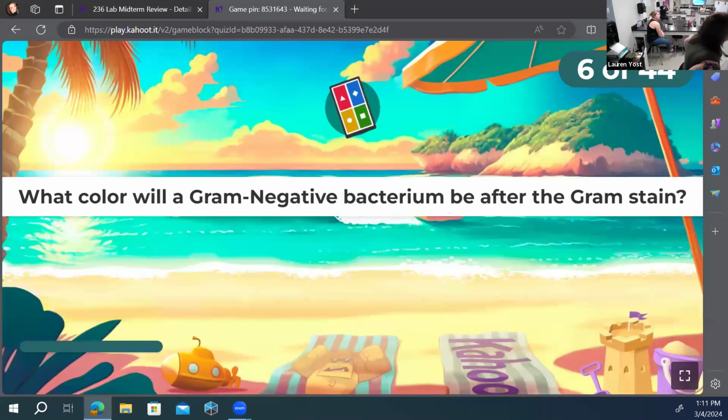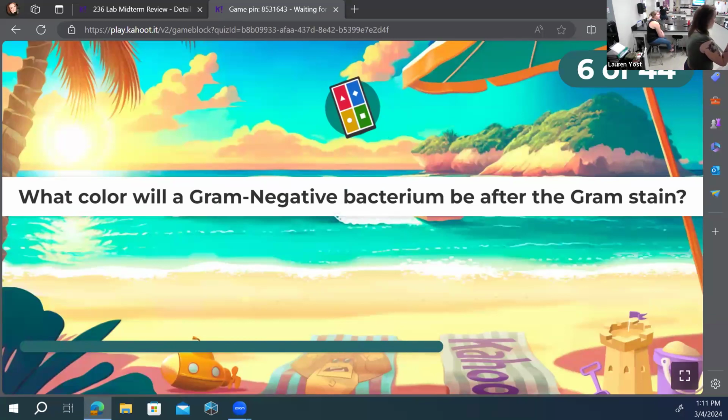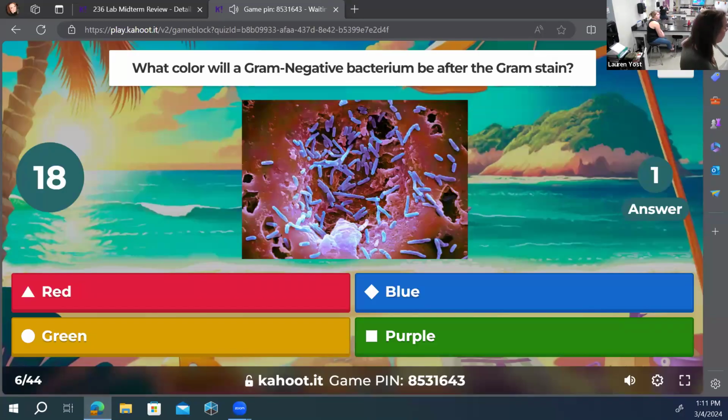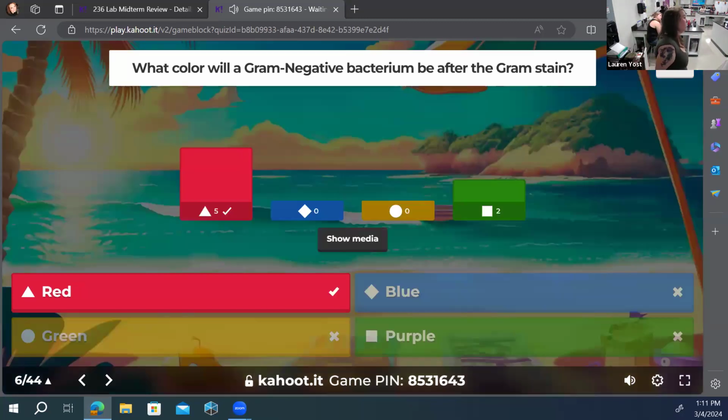All right. What color will a gram negative bacteria be after the gram stain? Right.